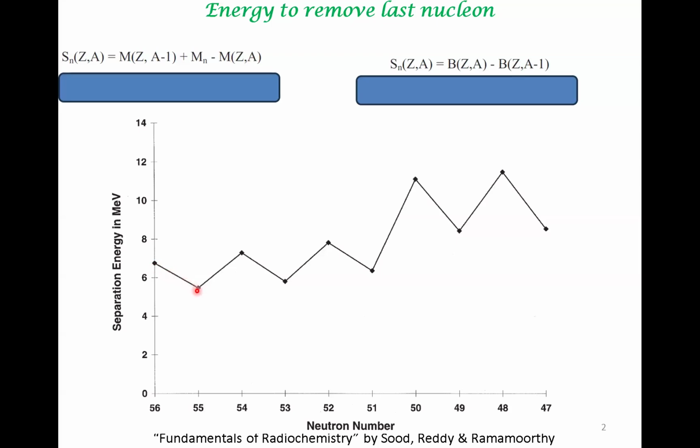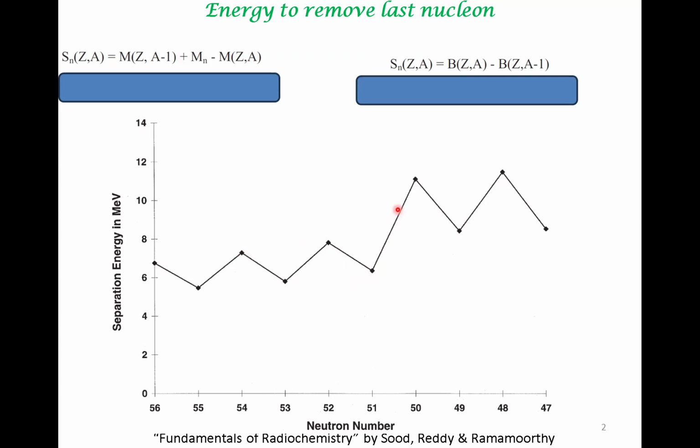If you have an odd number of neutrons, 55, 53, 51, 49, 47, all these energies are lesser compared to the energy required to remove a neutron from a nucleus that has an even number of neutrons.